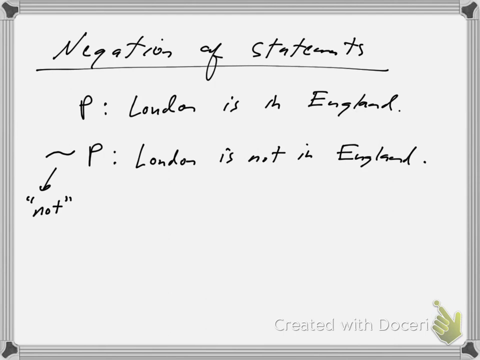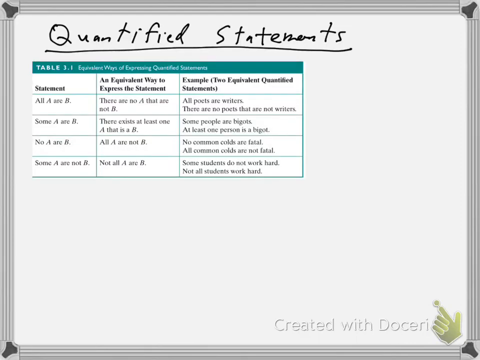Okay. So now there are some logical statements that are very, very common that we will use a lot in this class. We call these statements quantified statements. And quantified statements are just statements that have an all or a some or a not or some of those things in them.